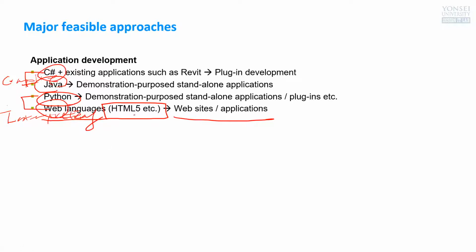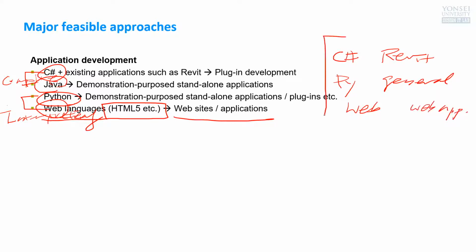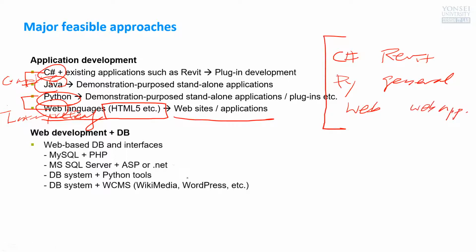feasible options to learn. Simply say, C# is good for Rabbit plugin development or other application development. Python is good for general use and very powerful nowadays, and web languages for web applications. So these are my recommended computer languages to learn.